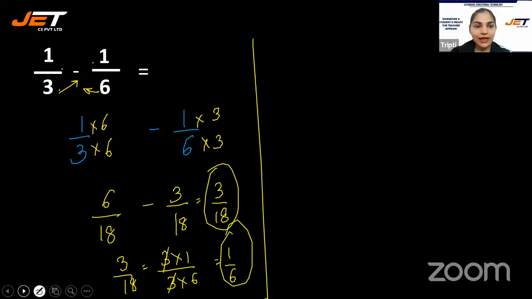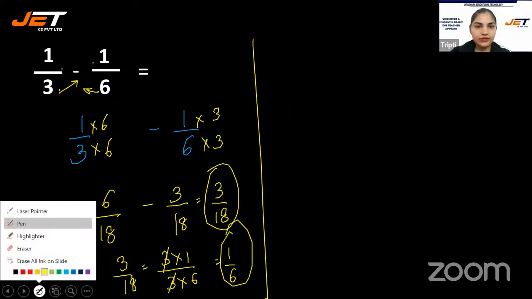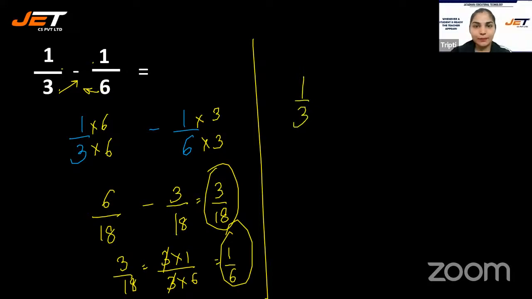Or you can do it like, if it's 1 by 3 minus 1 by 6, how can you do it? Here, I know that if I multiply it by 2, I'll get the denominator same. So 1 times 2 is 2 and 3 times 2 is 6, minus 1 by 6. Here the answer is 1 by 6. 2 minus 1 is 1, 6 like that.